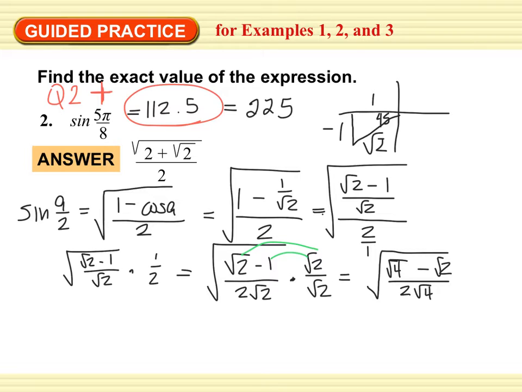The numerator changes into 2 minus root 2, and the denominator, this becomes a 2 times this 2 is a 4, takes the square root of it, I get a 2 again. And we have the right answer. Lots of magic going on with those 2's.